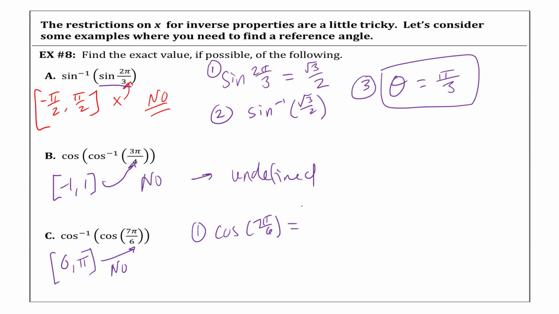It's negative square root of 3 over 2. We're in the third quadrant, so x is negative. After we evaluate, we then substitute it back in. So now it becomes cosine inverse of negative square root of 3 over 2.